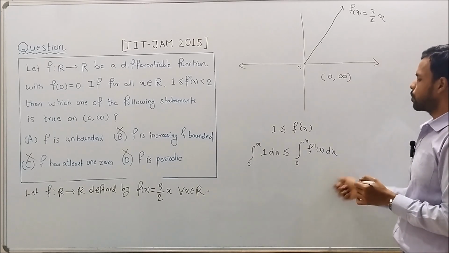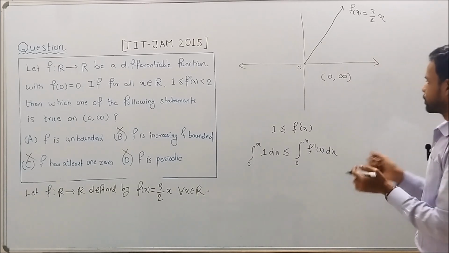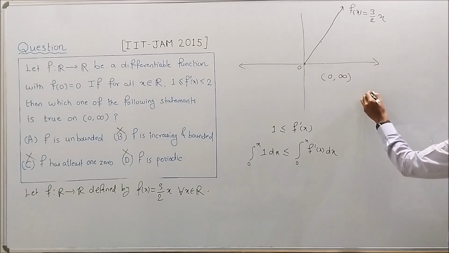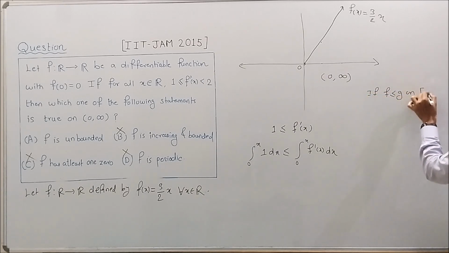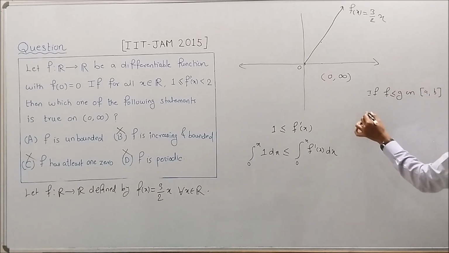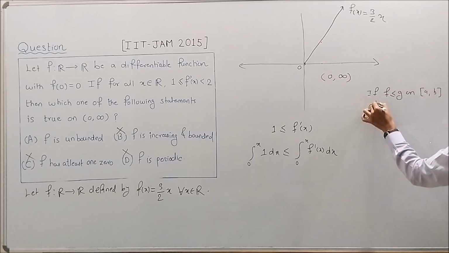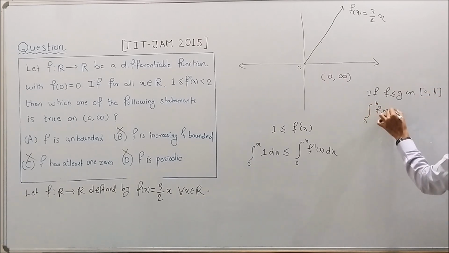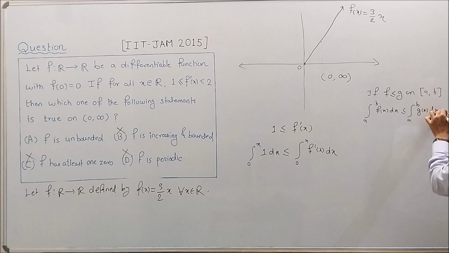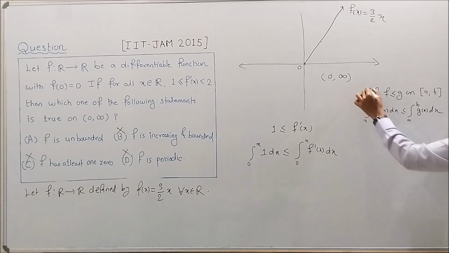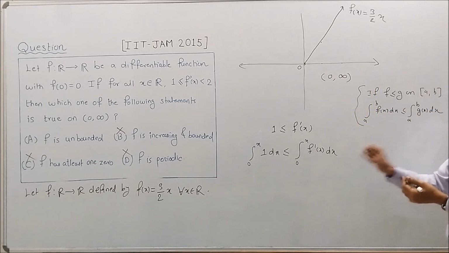Here we have used the property of definite integrals: if f is less than or equal to g on some closed interval a b, then the definite integration from a to b of f of x dx is less than or equal to the definite integration from a to b of g of x dx. We have used this property here.